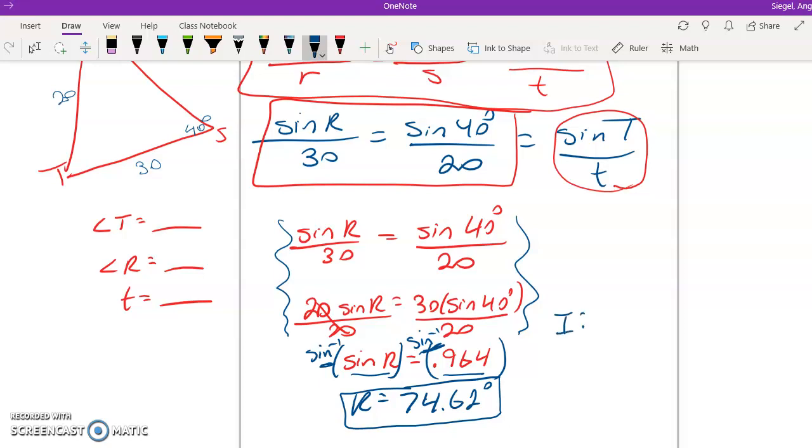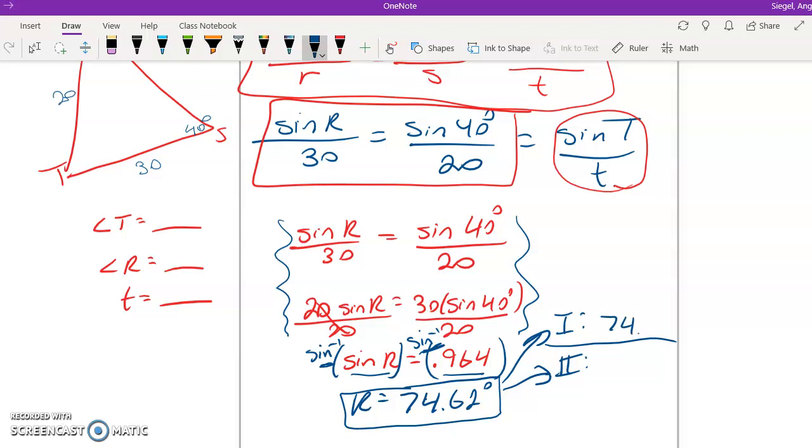So it's positive in quadrants 1 and 2. And what is interesting about sine is it's the only function where the measurements in both quadrant 1 and quadrant 2 for those angles will actually fit within a triangle. So we need to apply both of those.